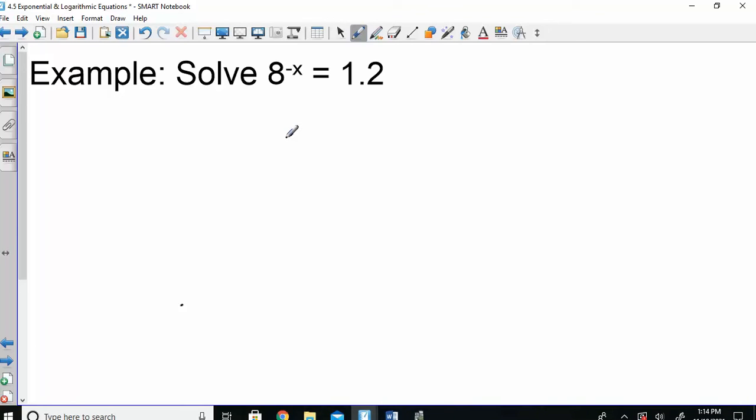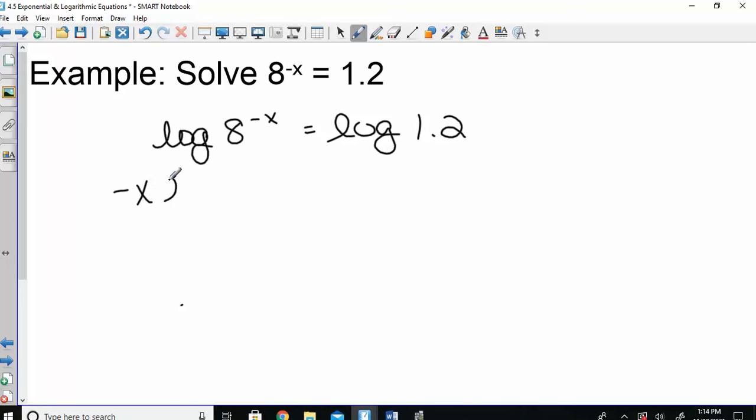But we can't, so what do I need to do? Add log. You can do either one. The base isn't going to cancel here. So whether you prefer the natural log or log base 10, you get the same answer either way, so it won't matter. Then my exponent comes down.